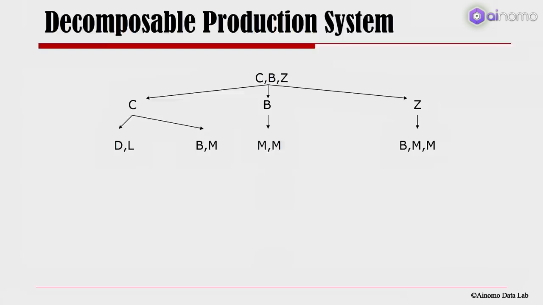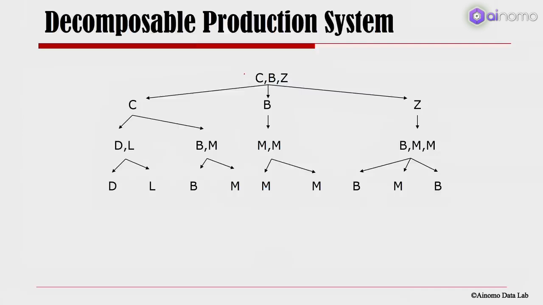So C can be written as DL or BM, B is written as MM and Z is written as BMM. DL can be changed as D and L, BM is B and M, MM is M and M, and BMM is again split as BMB.